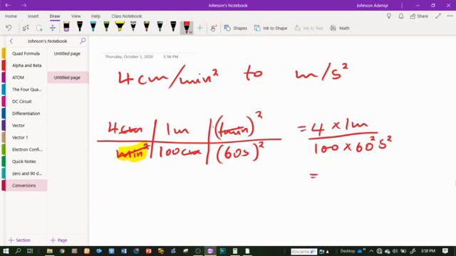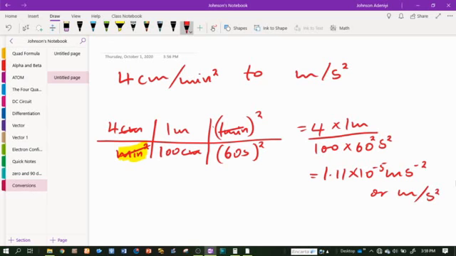So that is 1.11 times 10 raised to the power of minus 5 meter per second square, or meter per second, anyway you want to write it, per second square. So you can see with this conversion method, it's very simple and convenient.